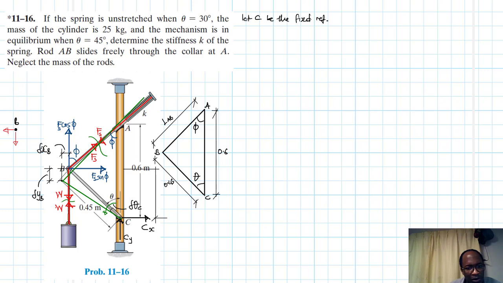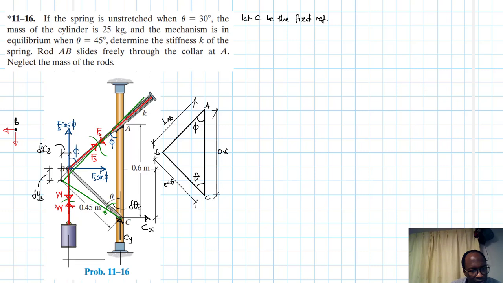Let me draw this like this. I clean it up like so, and then I define this other point from here to here.